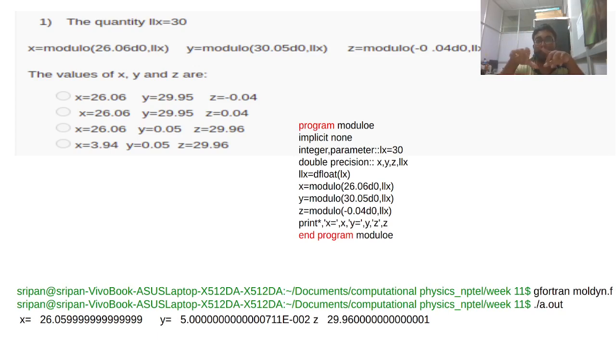You have to remember that if there is a minus sign with the value being divided by LLX, then the result will be 29.96. That means if you add 29.96 plus 0.04, it gives you 30.00. So if there is a minus, it will be this type of operation when we use the modulo operation. Okay, let's move on to the next question.